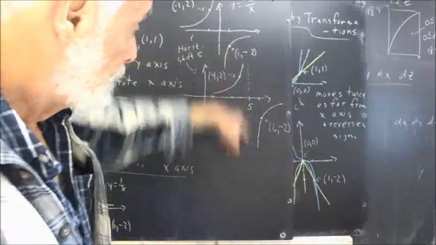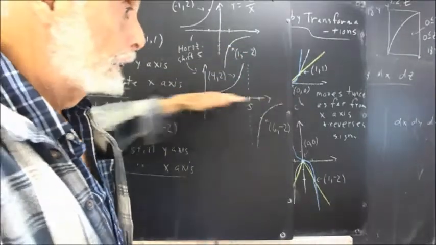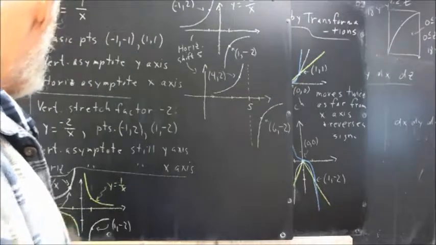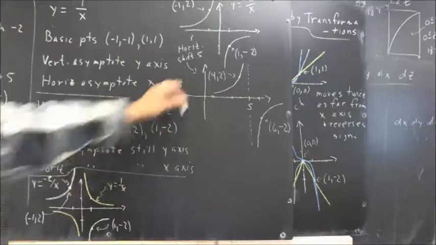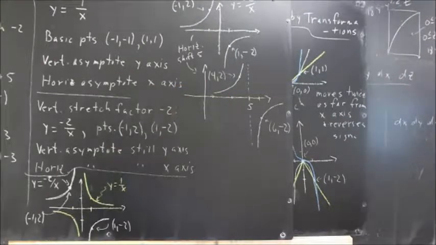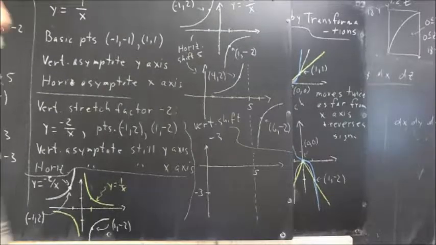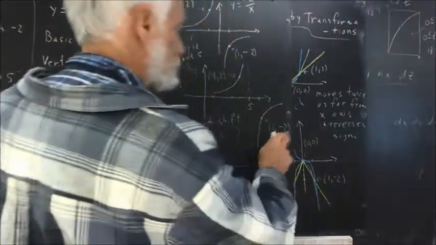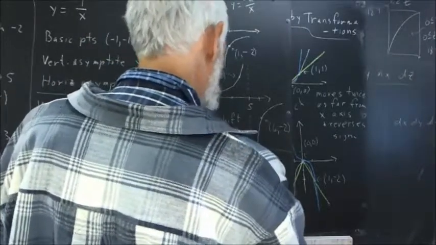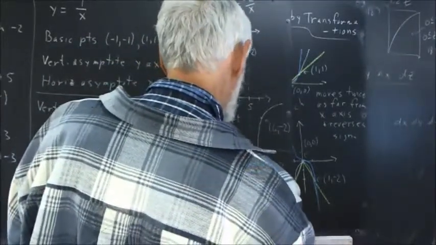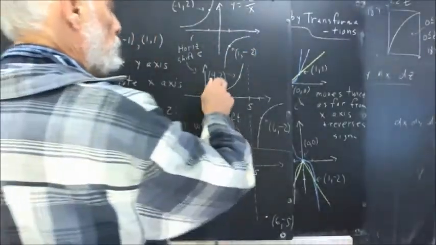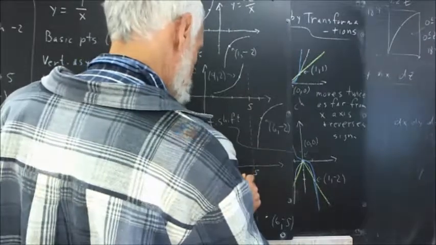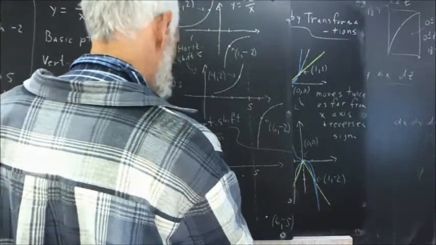Okay, so we have our vertical asymptote, still horizontal asymptote with the x-axis. And now we're going to do the vertical shift, we're going to shift it vertically -3 units. You should sketch what you think is going to happen when we do that. Okay, a vertical shift of -3 is going to shift (6, -2) down to (6, -5). And it'll shift (4, 2) down to (4, -1). So we're going to be at (4, -1) here.